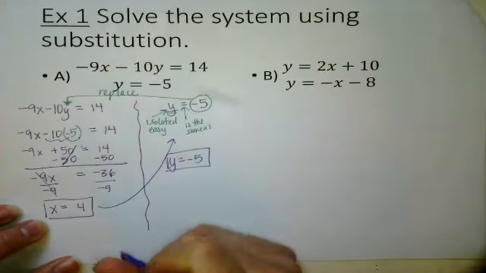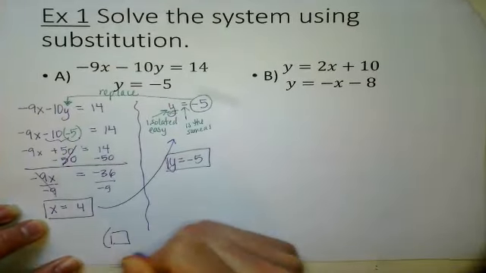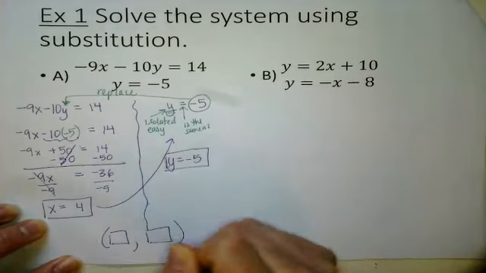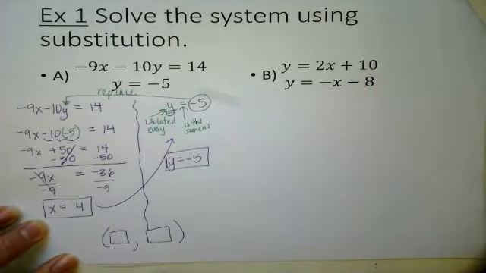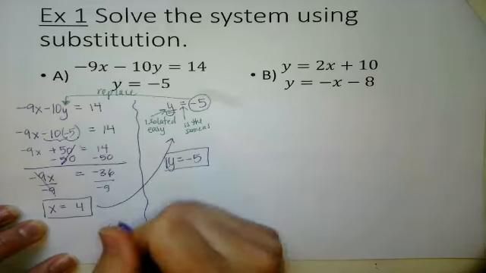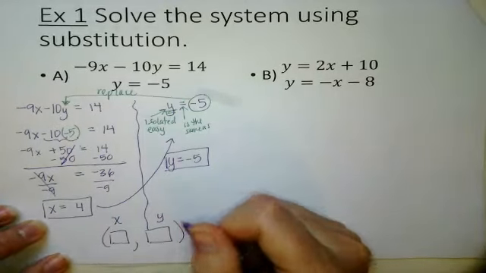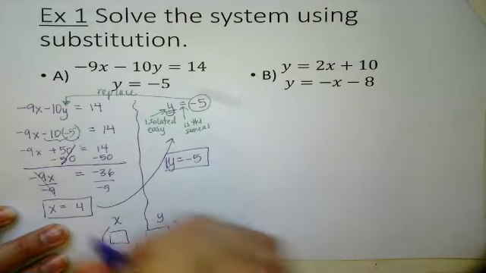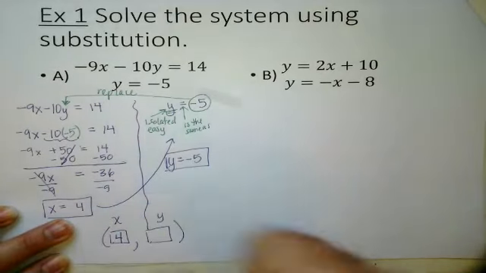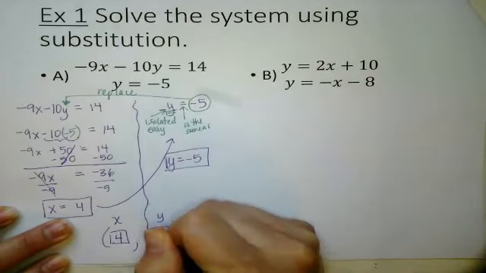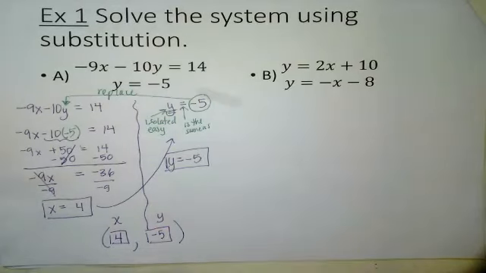When you do your IXL, it has two little answer fields inside an ordered pair. You type in your x value and then your y value in order, alphabetical. So x is 4, we type in a 4, and y is -5 in the other field. This is what you would put in IXL.